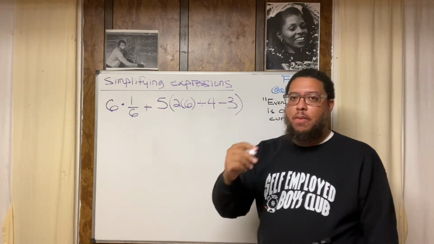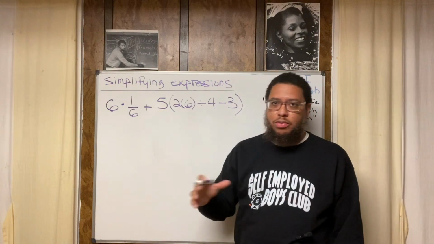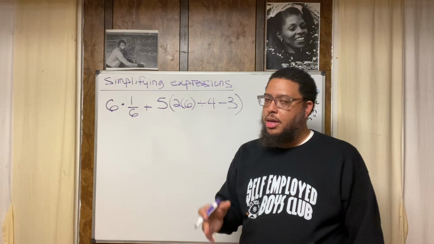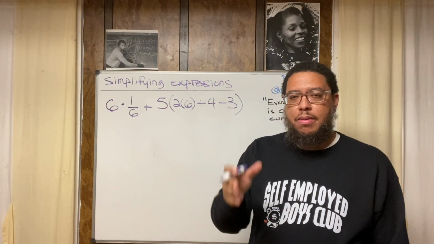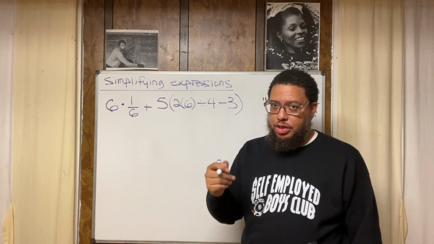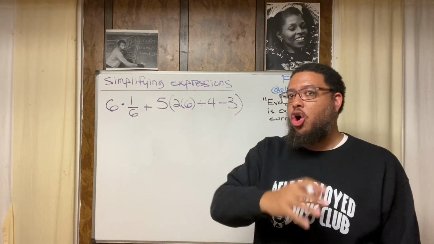Now, PEMDAS confuses a whole lot of people all over the world. PEMDAS has the M before the D, and a lot of people make the assumption that you should always multiply before you divide. That is wrong. You should not always do that.